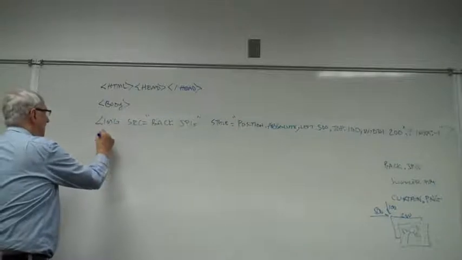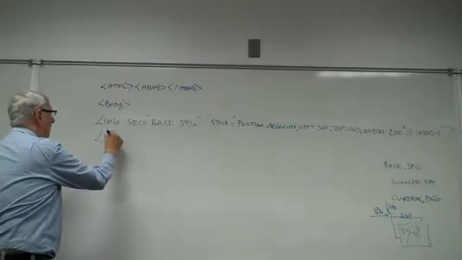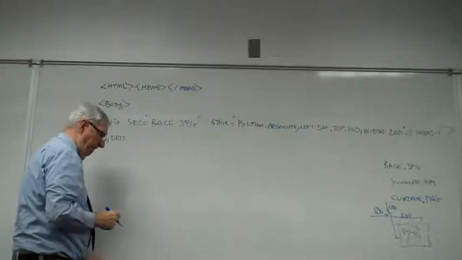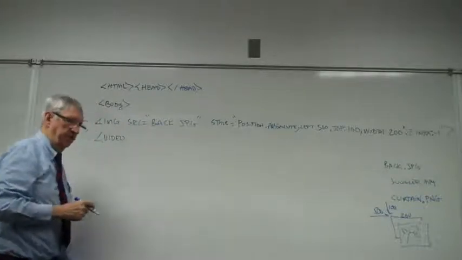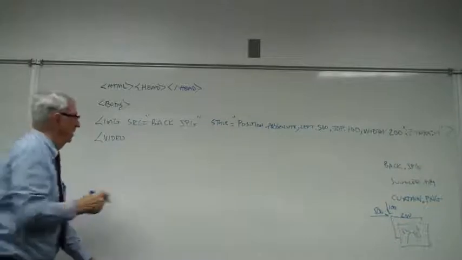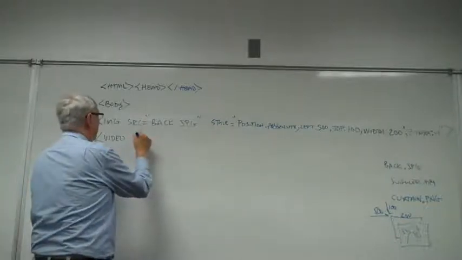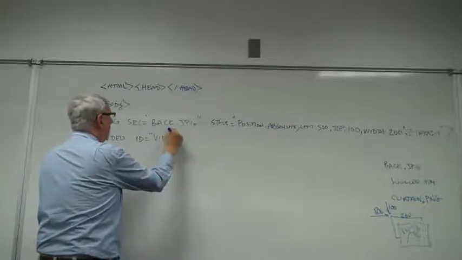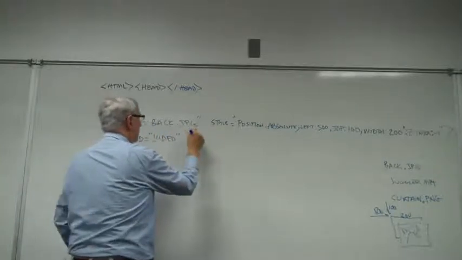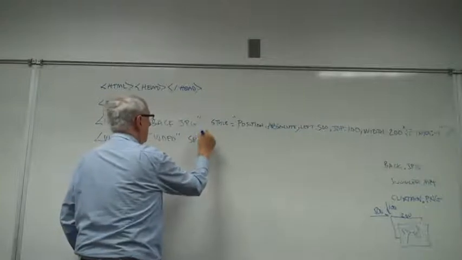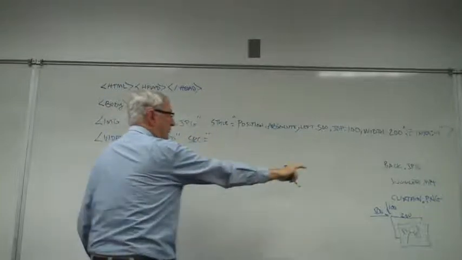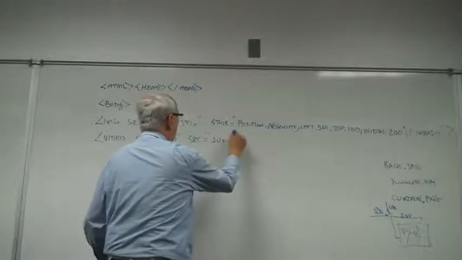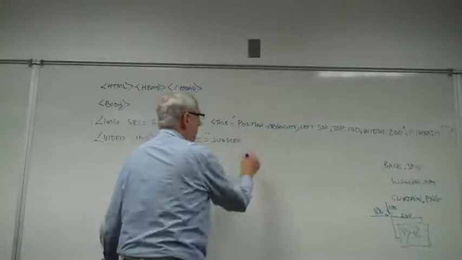In this case, you have a video, and you want to give it an ID. Tell it the source, and that's juggler.mp4.